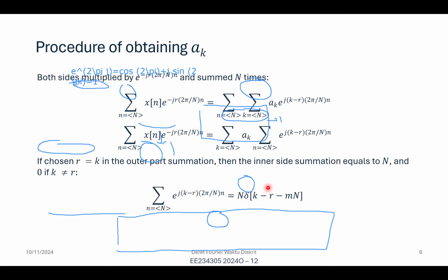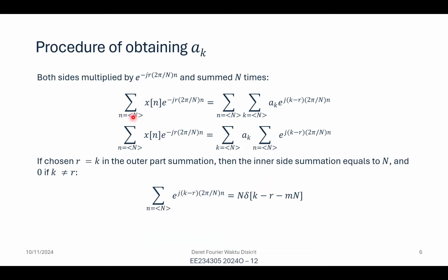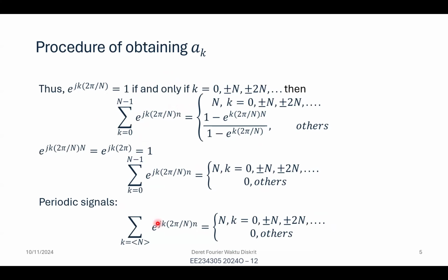So now we can have this. And if we multiply both sides in this equation, we have only n equals N here, or this is the range, right? It means from 0 to N minus 1, and if we multiply this by e to the power of jr times 2 pi over capital N times n, we get a sum of x[n], which is this.